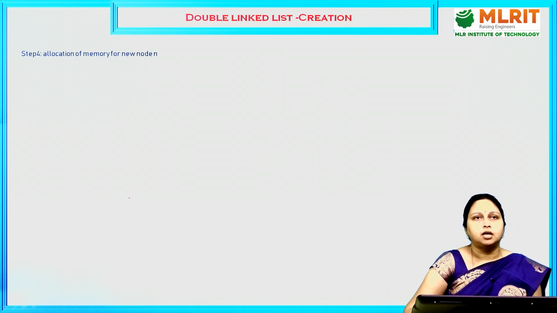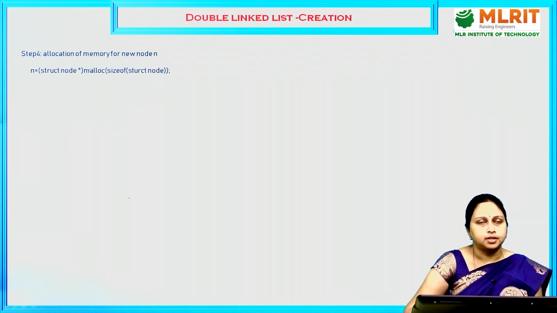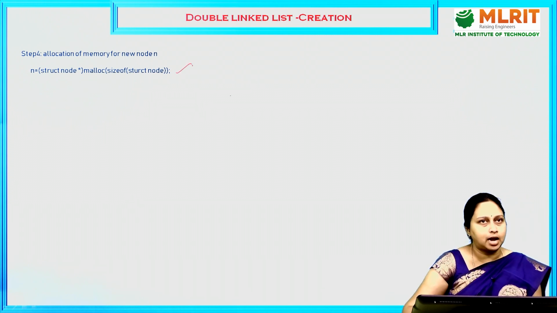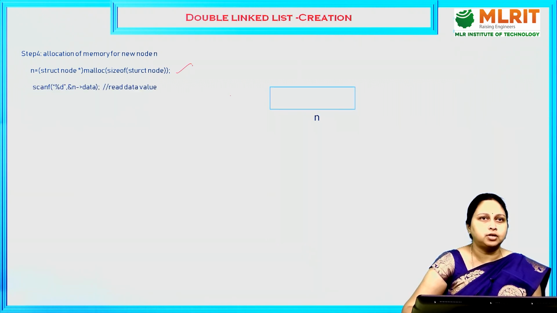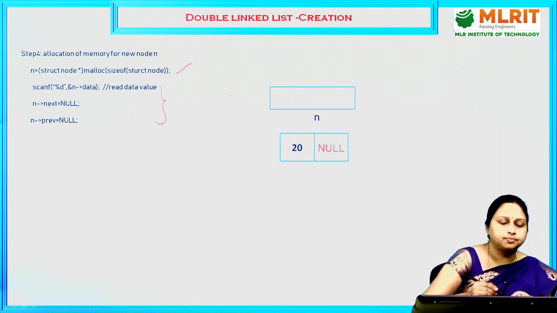Next again we are going to allocate memory for the new node. Again we are calling the creation function. Based on that, again the memory is going to be allocated dynamically by using the malloc function. Now the first condition we have verified, head equal to null, everything will be similar.